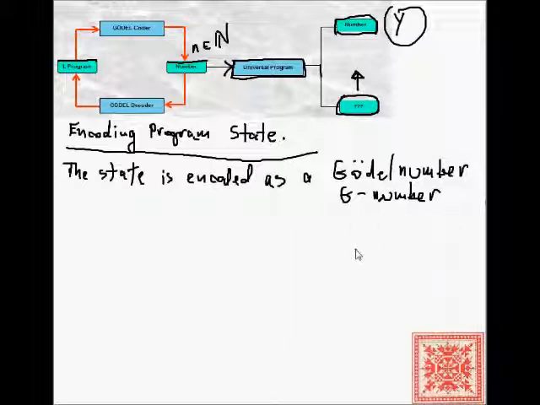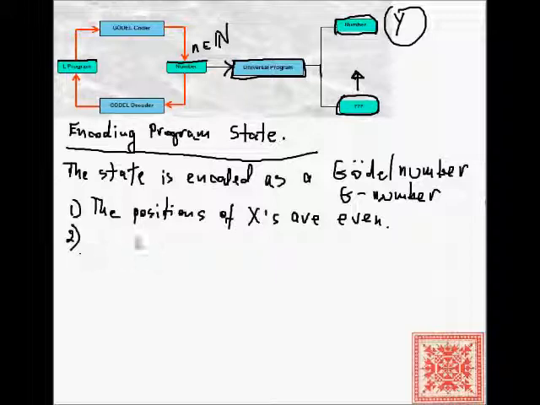And so remember that G number can be thought of as an array of powers of primes: the power of 2, the power of 3, the power of 5, the power of 7, the power of 11, and so forth. The positions within that array of the x's, the input variables, are even.